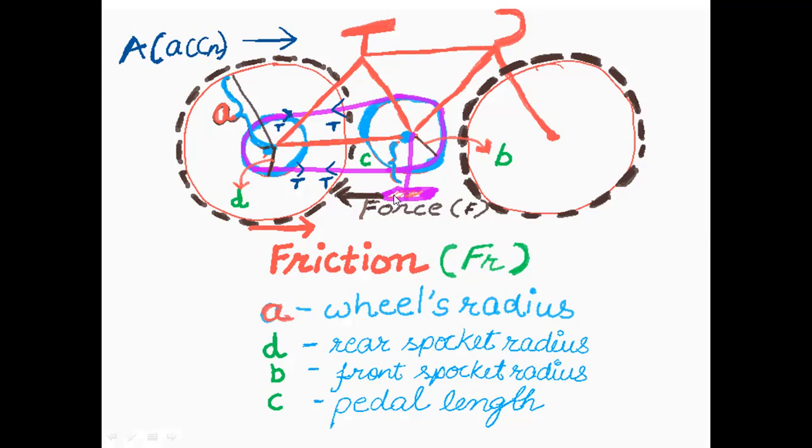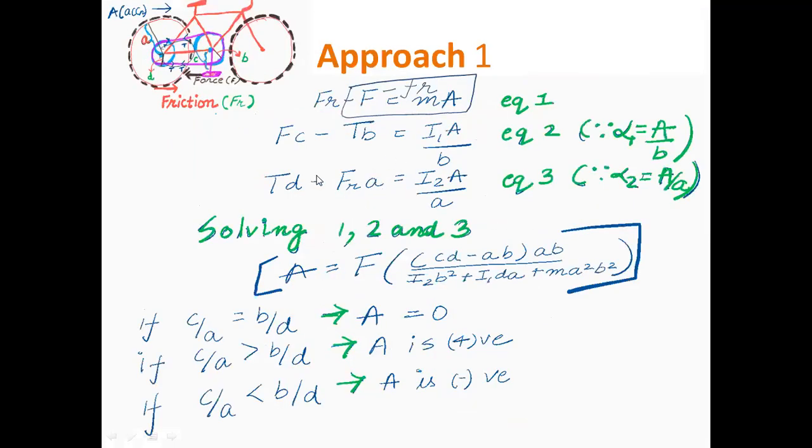As of now, when we are applying force on the pedal, it is the rear wheel that is going to move, and any friction that acts is going to oppose only the movement of the rear wheel. It is only a moment later, once the entire system moves in one direction, that the front wheel would experience a force. So hence I have not considered friction in the front wheel. Okay, now let's see.